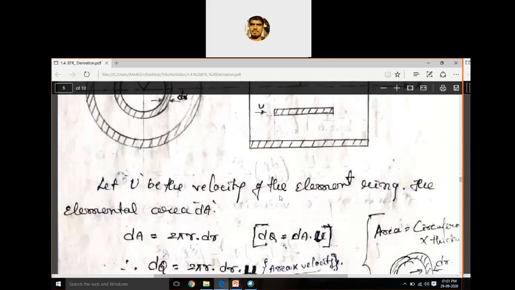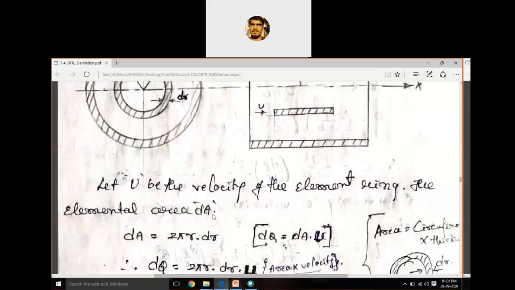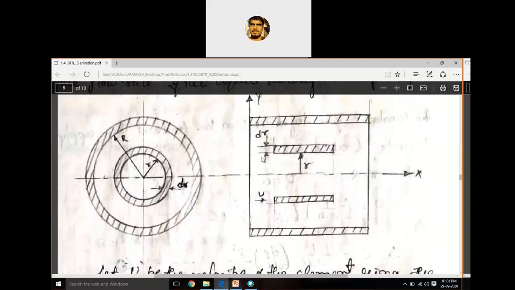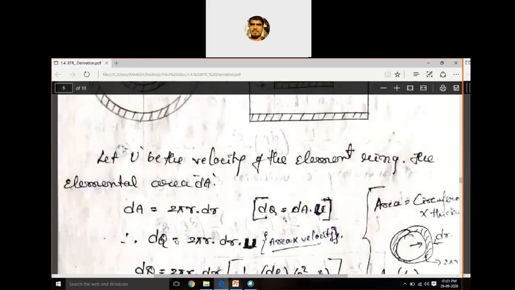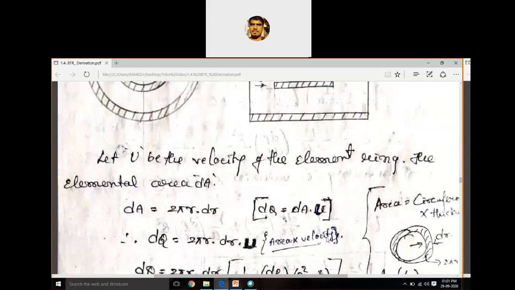Let u be the velocity of the element of the ring and dA is the area, where dA is 2 pi r into dr. So 2 pi r is the circumference and dr is the thickness. So dr into circumference gives the area of the imaginary element. So dQ is equal to 2 pi r dr into u, that is area into velocity.